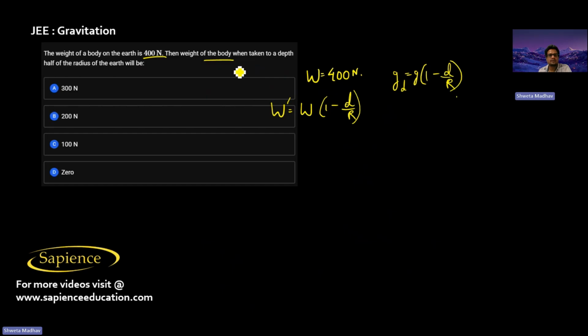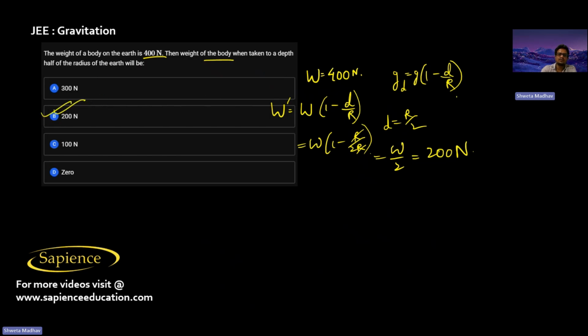Here d is equal to r by 2. So w into 1 minus (r by 2) by r, so that is 1 minus half, that is half. So that is w by 2, which is 200 Newton. The new weight of the body is 200 Newton at that depth. Option B is the correct answer.